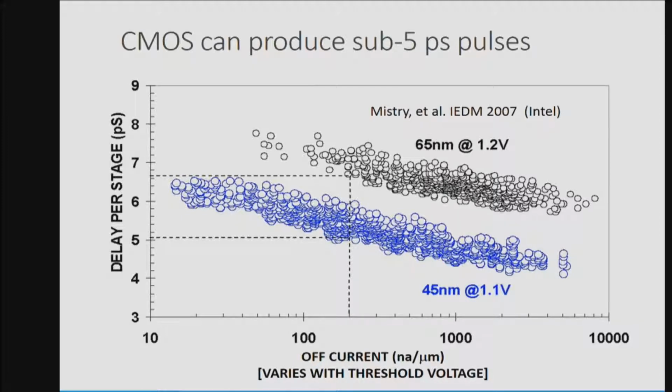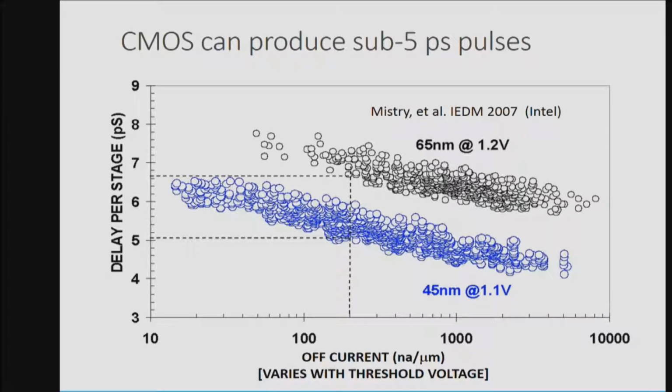And I think Paolo showed us, by the way, this is the last time Intel showed the actual switching delay of their transistors. Since then, they do not report that anymore, but it's relatively easy to extrapolate, as Paolo Gargini did in his first talk of this symposium, that in today's 14 nanometer technologies, this delay is probably 2 picoseconds. If you've got a transistor that switches in 2 picoseconds, you can make a 2 picosecond electrical pulse.